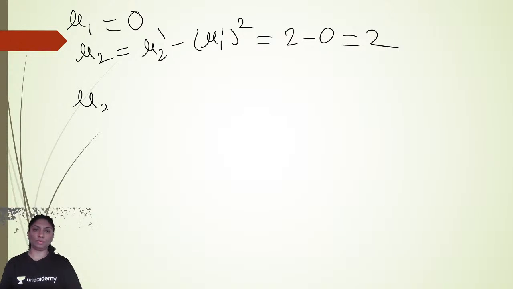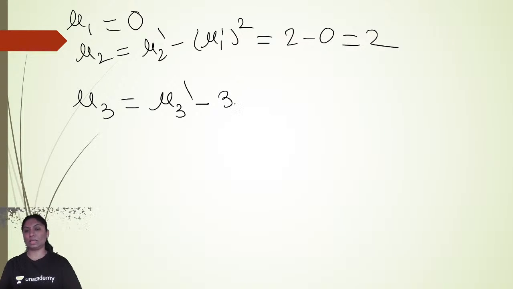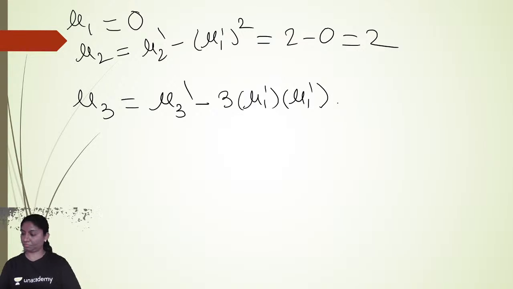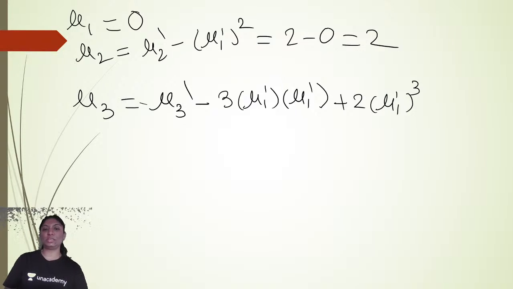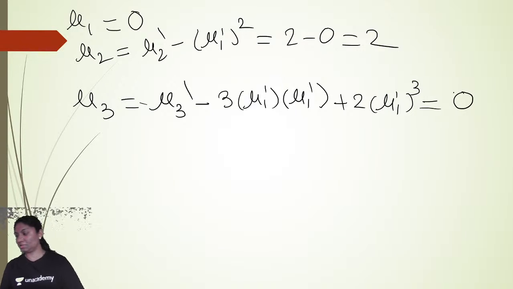Now mu3 is equal to mu3 dash minus 3 into mu2 dash into mu1 dash plus 2 into mu1 dash cube. Okay, here mu3 dash is 0, mu1 dash is 0, so ultimately your value will become 0.